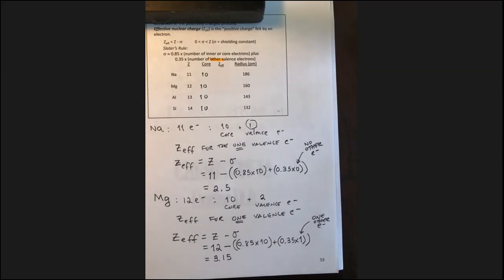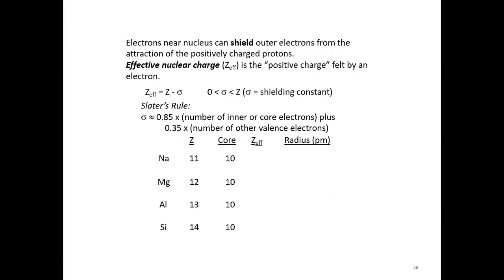Remember that valence electrons, because they're in the same shell, might cause a little repulsion against each other. Okay, so now that we have that, let's come back to our table and let's fill it up. So we did sodium at 2.15, magnesium.